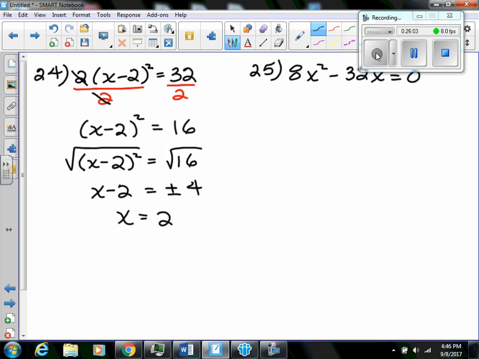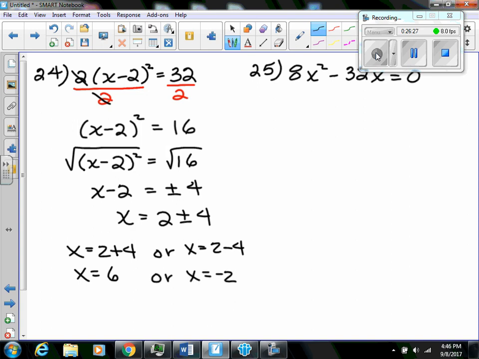So x equals 2 plus or minus 4. Now that's going to give me two separate answers. So the first one will be x equals 2 plus 4, or x equals 2 minus 4. For the 2 plus 4, you have x equals 6, or x equals negative 2.